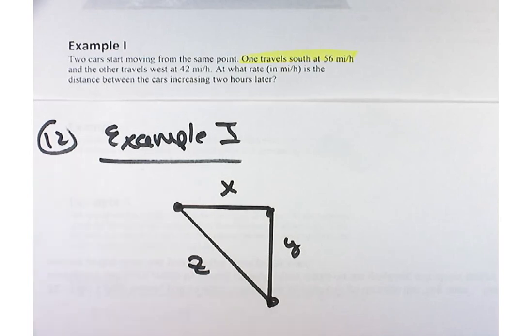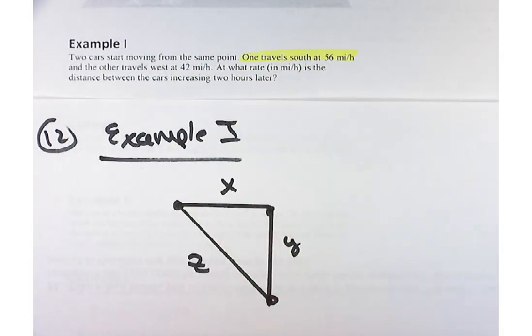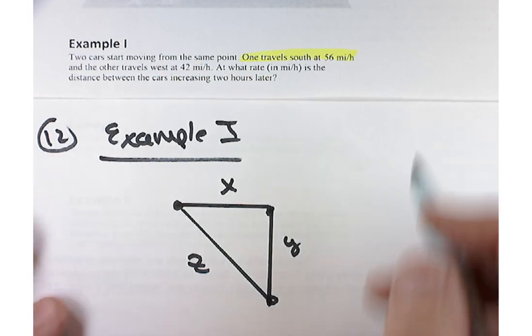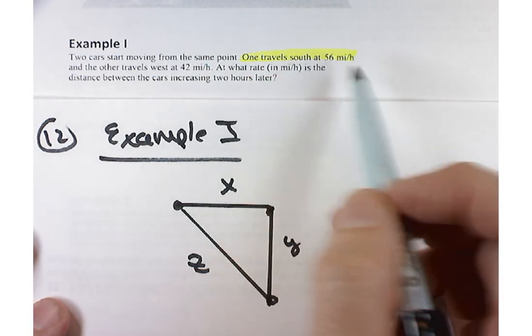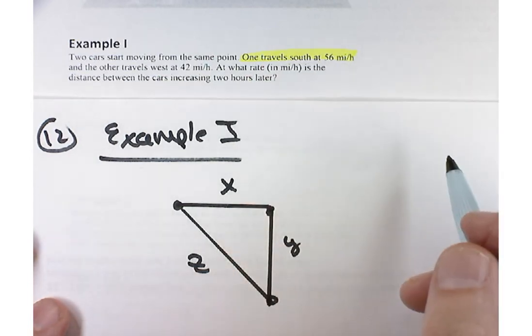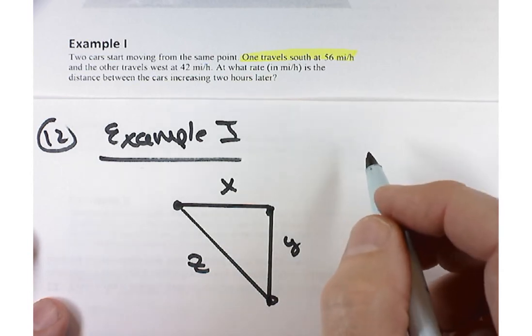How would I express this in words that use some calculus? Kyrillos. How would I express this? Not here today? Oh, darn it. All right. Anthony. How would I express this part right here? One's traveling south at 56 miles per hour. Which one? dy.